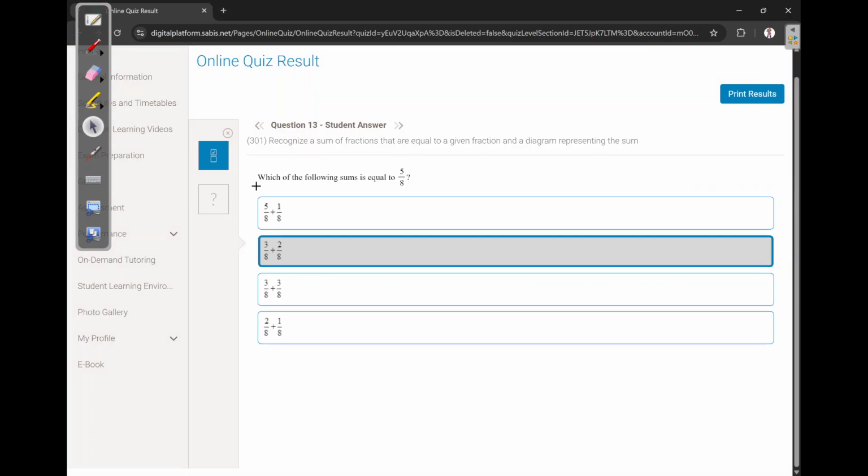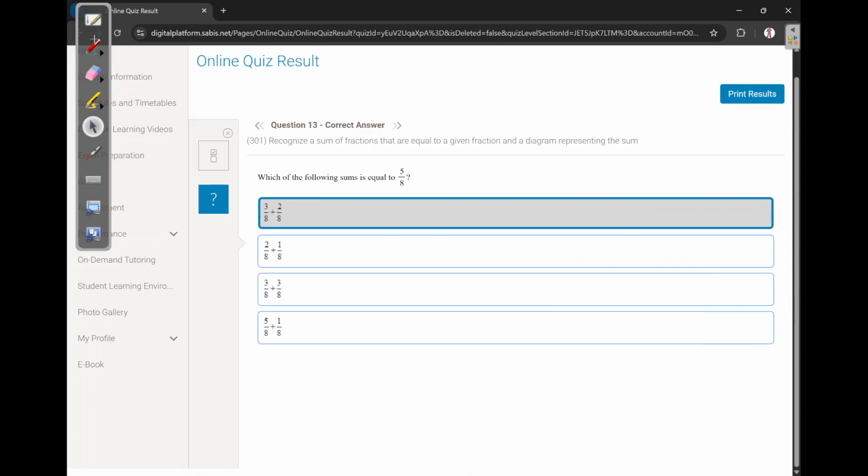Question 13. Which of the following sums is equal to 5 over 8? 2 plus 3 equals 5 over 8. 2 plus 1 equals 3 over 8, but they asked for 5 over 8.